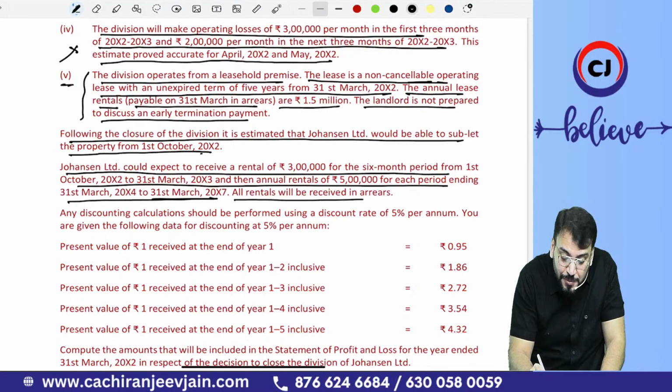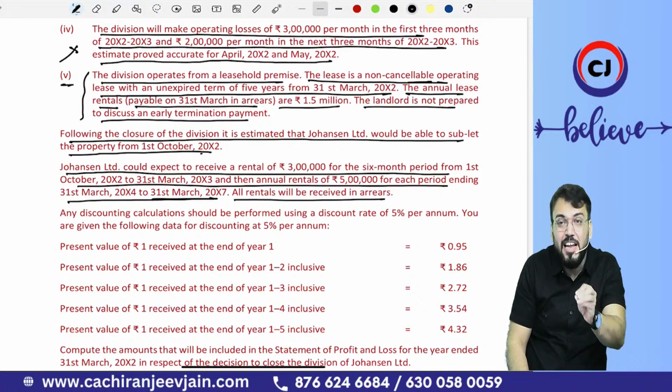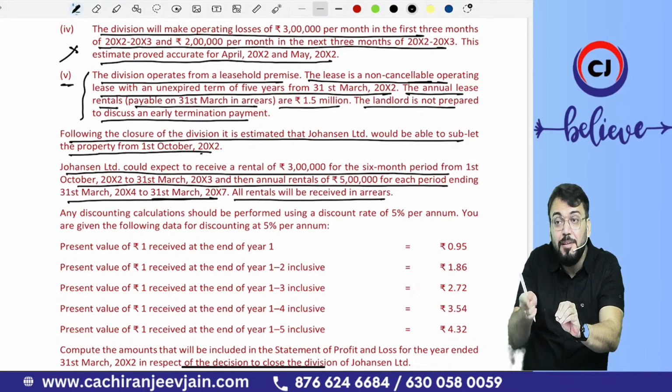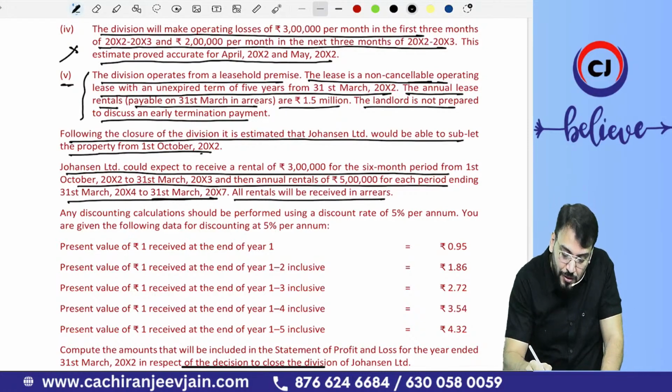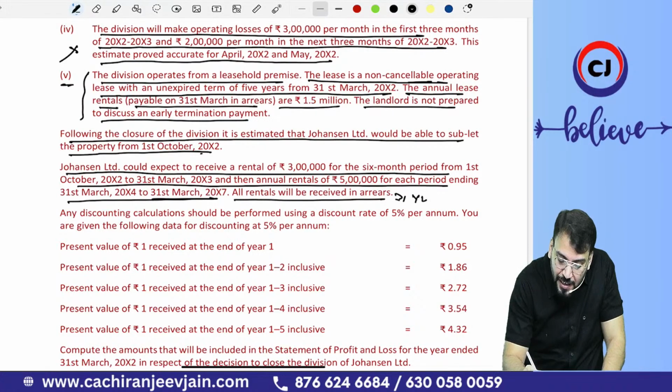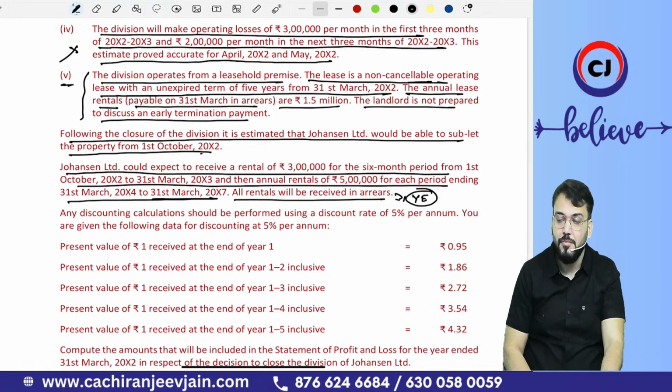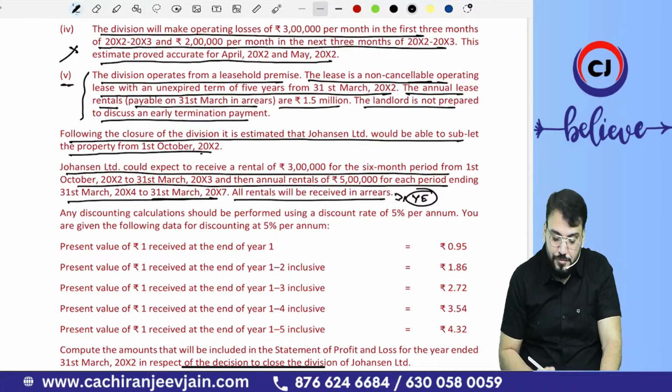All rentals will be received in arrear, which means at the end of the year, not at the beginning.